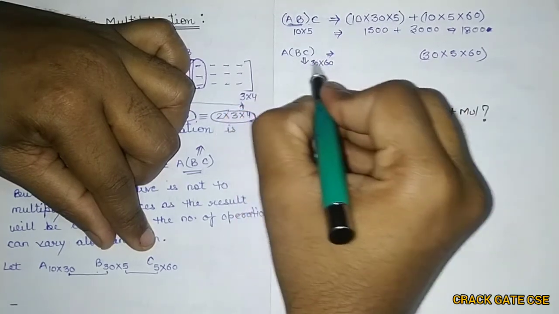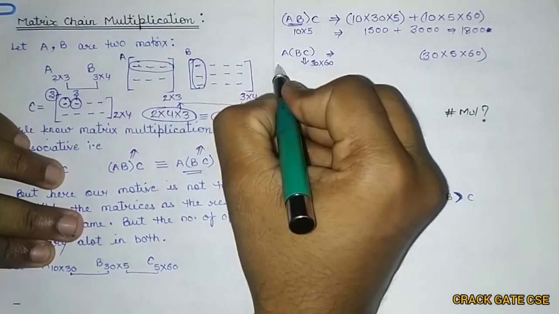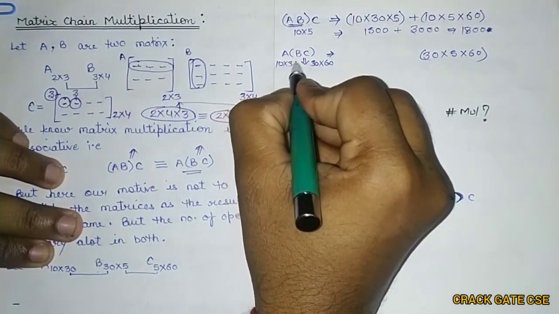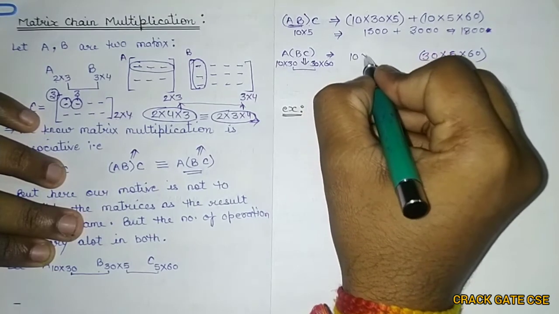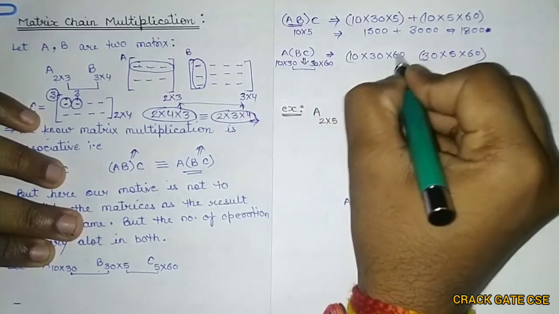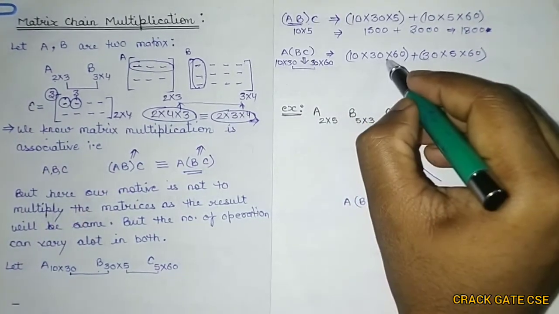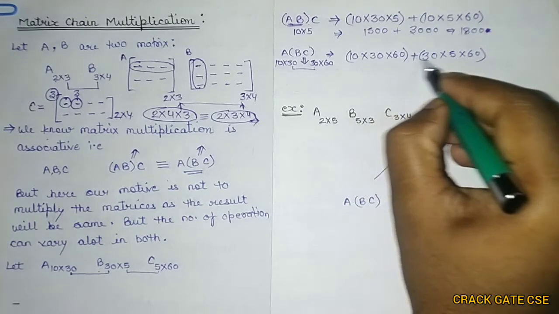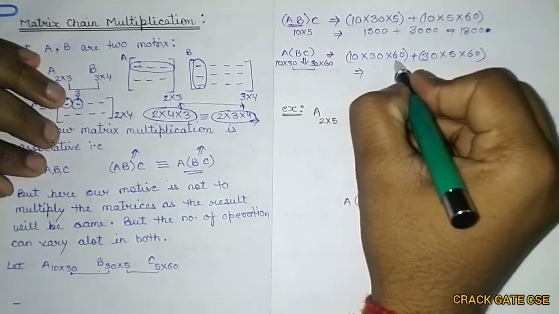Now I have to multiply this A with BC. A has dimensions 10 into 30. So if I multiply, this is matrix multiplication compatible. So it will be 10 into 30 into 60 operations. So completely we need to compute this many multiplications to get the value.